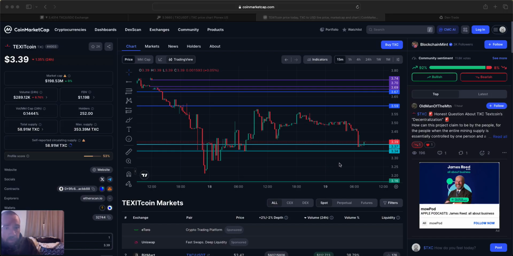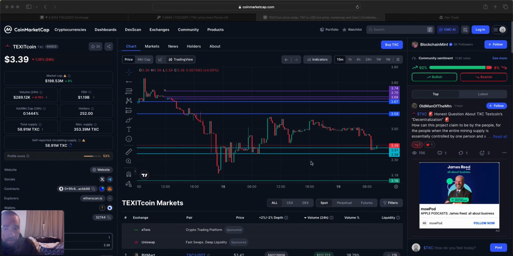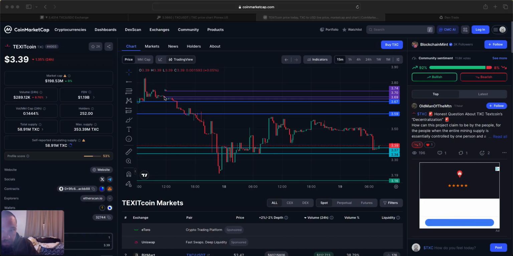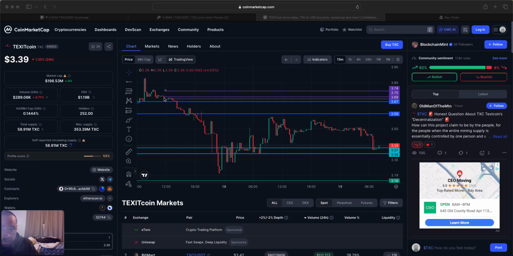So what I'm talking about when I'm talking about a gap, and this purple one, I did all three colors the same because of how they were back to back to back. This 15-minute candle started up here at the top and then closed down here. The next 15-minute candle opened up here. There was a gap right here in this price.